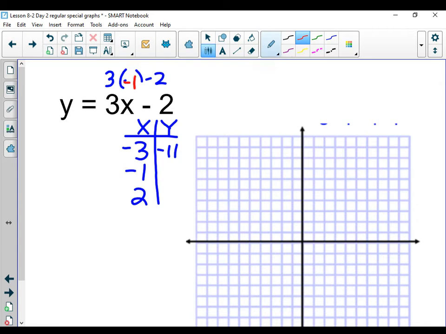Zach, 3 times -1? Good job, minus 2 more. -5. Nice. One more time. X pops out, 2 pops in. Weston, 3 times 2? 6. Minus 2? 4. Ooh, he got the positive one.